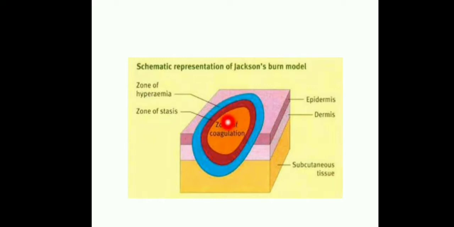First the zone of coagulation is there when the damage occurs. After that immediately the zone of stasis is there. Finally it is surrounded by the zone of hyperemia. Which area is damaged? First one is the epidermis, you know about the skin layers. Okay, this is about the Jackson's burn model.